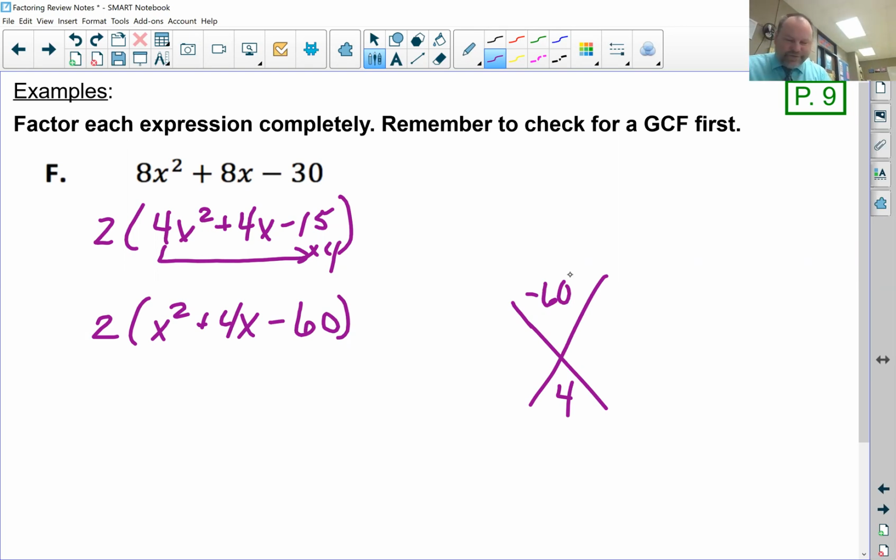And again, if you can find those right away, that's great. If you have trouble, they have to multiply to a negative and add to a positive. So I'm going to have a negative smaller number and a positive bigger number. Just checking all of the factors until I find 2 that add to positive 4.